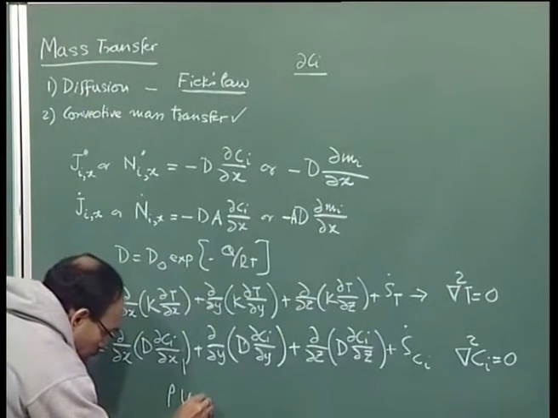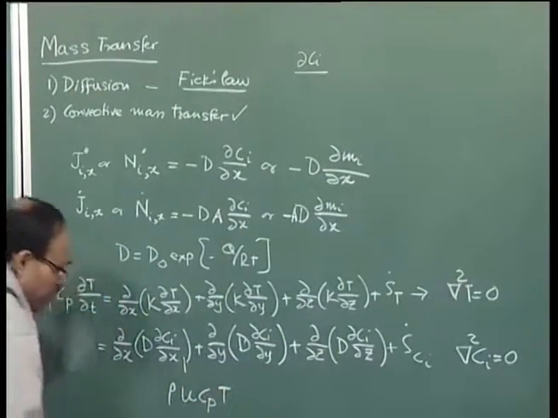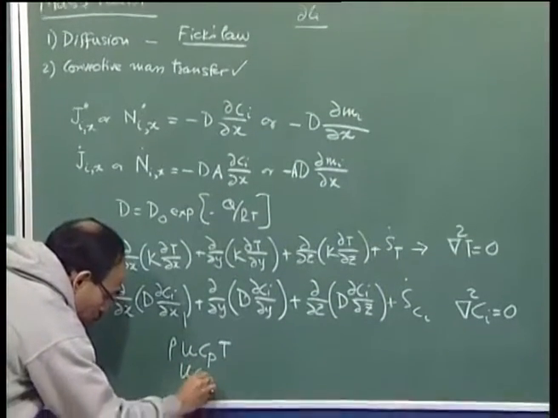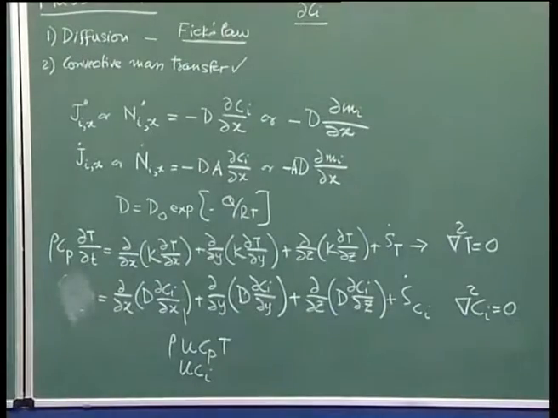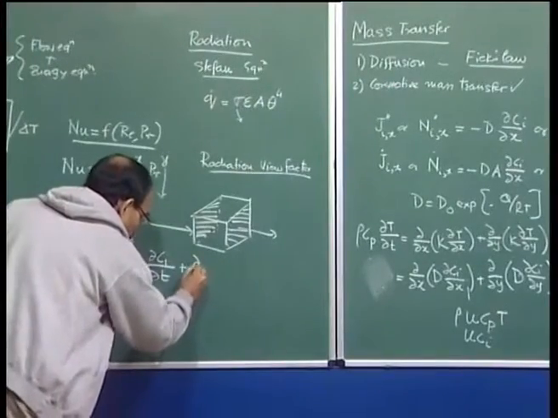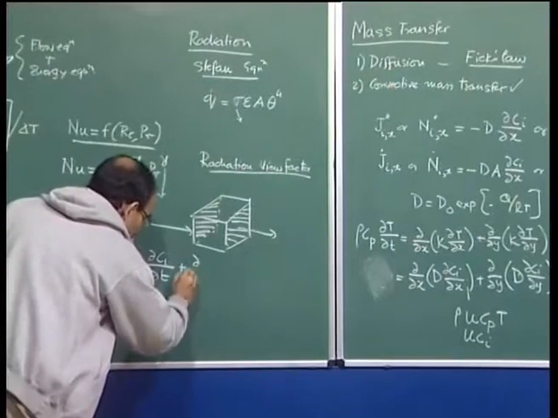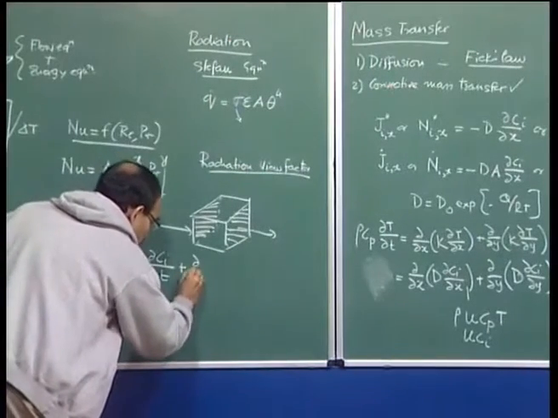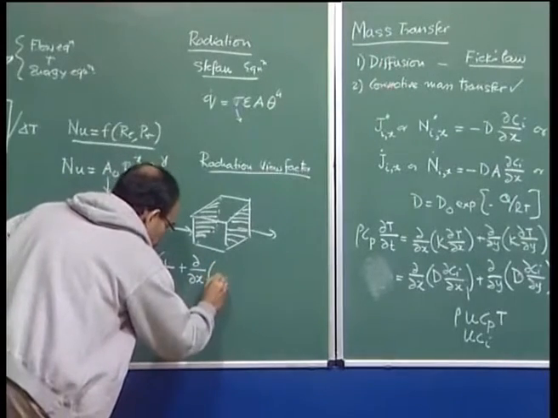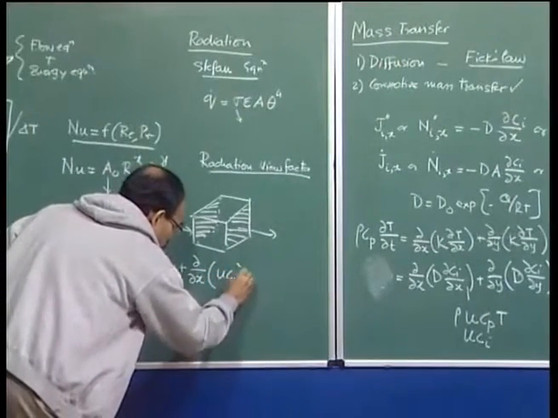For heat transfer this term looks like this, and in the case of mass transport it is going to look something like U into Ci. If you bring this term here, you can look at your notes and appreciate the similarity, with the first order derivatives, and then we have U into Ci.